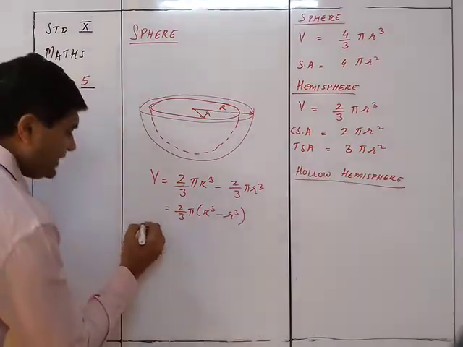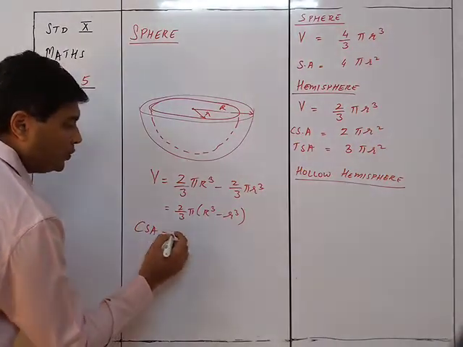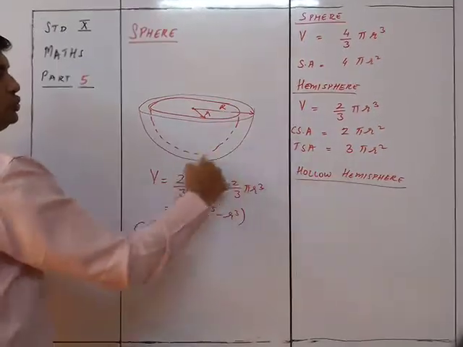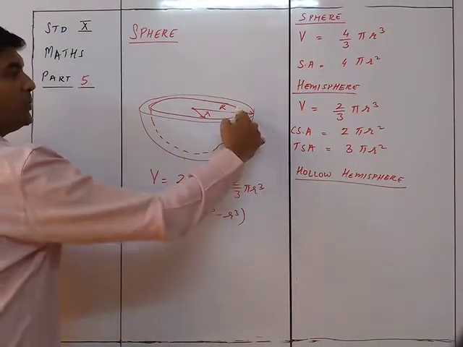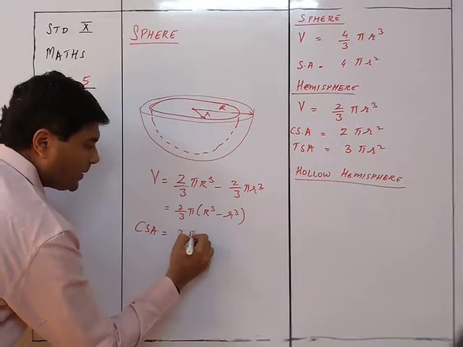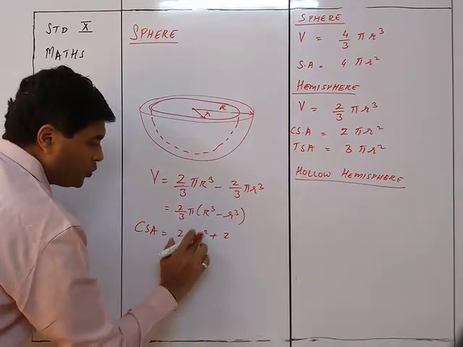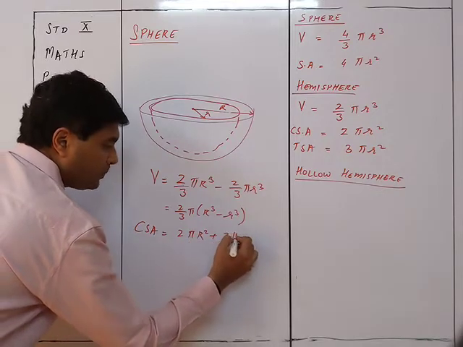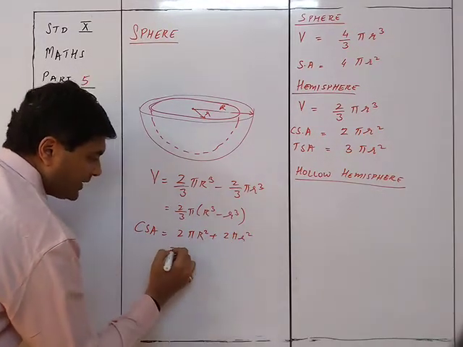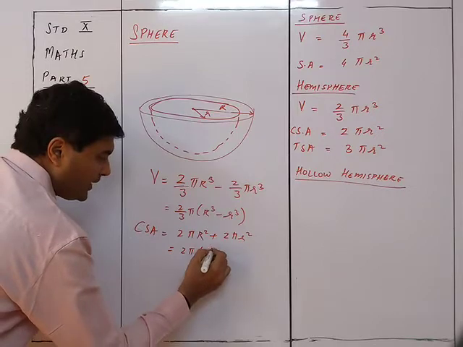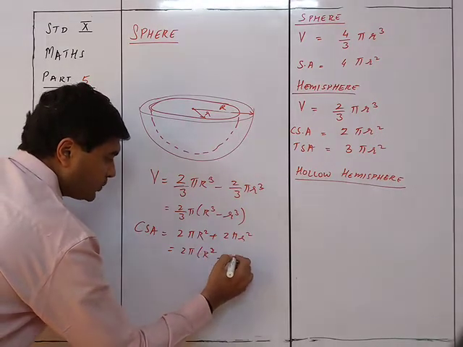The curved surface area CSA will be equal to, this was 2 pi R square, this is another 2 pi r square. So it will be 2 pi capital R square plus 2 pi small r square, or we can say 2 pi times R square plus r square.